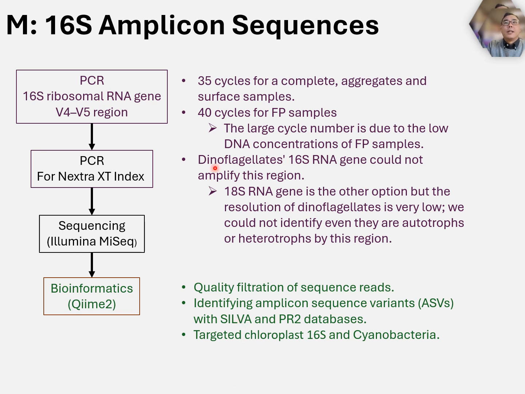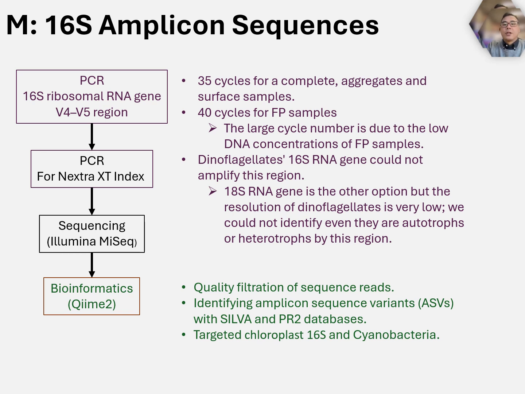However, the dinoflagellate chloroplast genome evolved ultra rapidly, so it cannot be amplified with this primer set for this region. The 18S rRNA gene amplicon sequence could amplify the dinoflagellate genome, but phylogenetic resolution is not high at this region, so we did not treat dinoflagellates in this study.